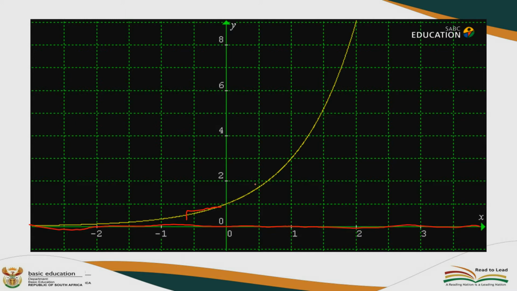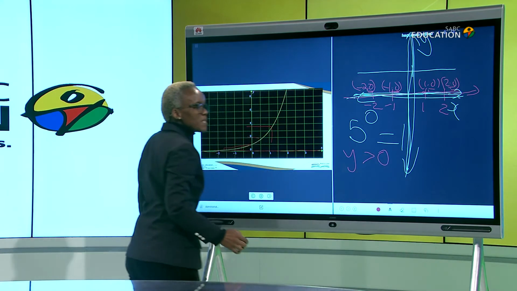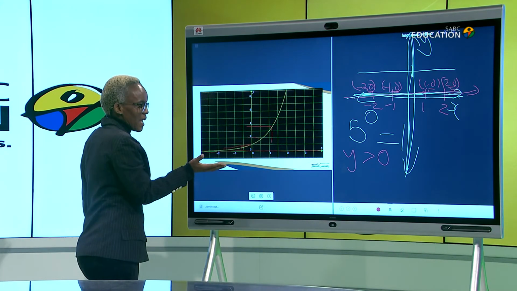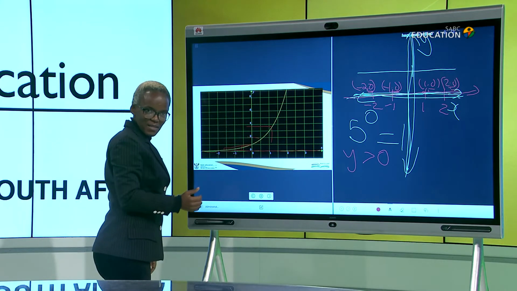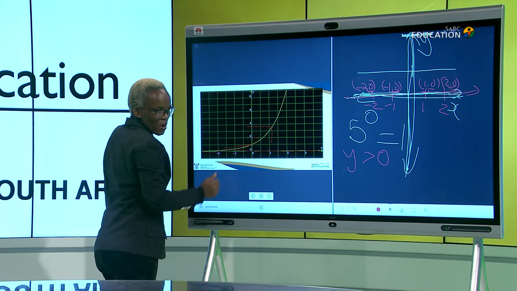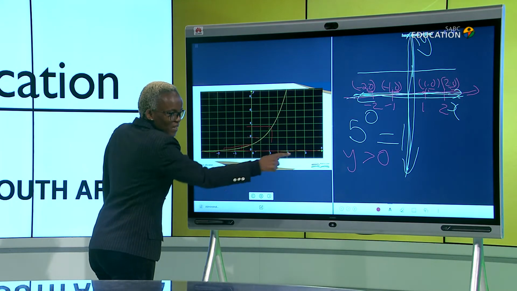That is why we say the domain is x, an element of the real numbers. Our graph is defined there. Now the range. We said the range is y greater than 0, which means our graph will be above the x-axis. It will never touch it.